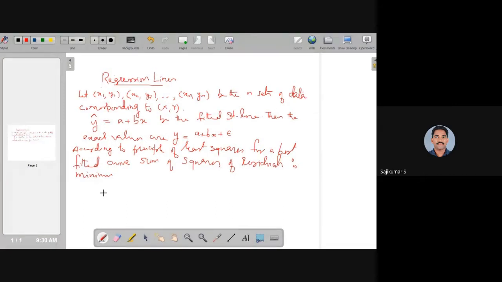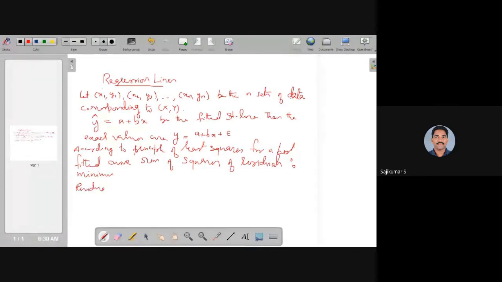And applying the principle of least squares to the best fitted straight line means we are finding the residual errors. So the residual corresponding to the ith observation, epsilon i is equal to yi minus yi cap. xi and yi are the corresponding coordinates in the sample data x1, y1, x2, y2, etc., xn, yn.